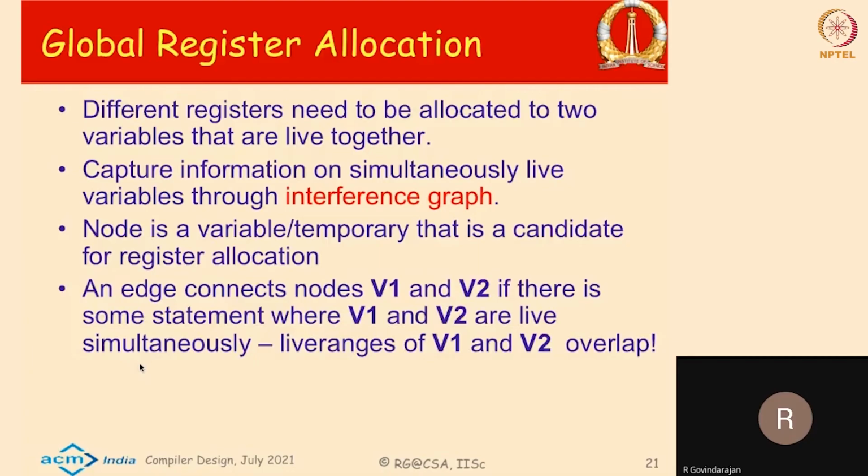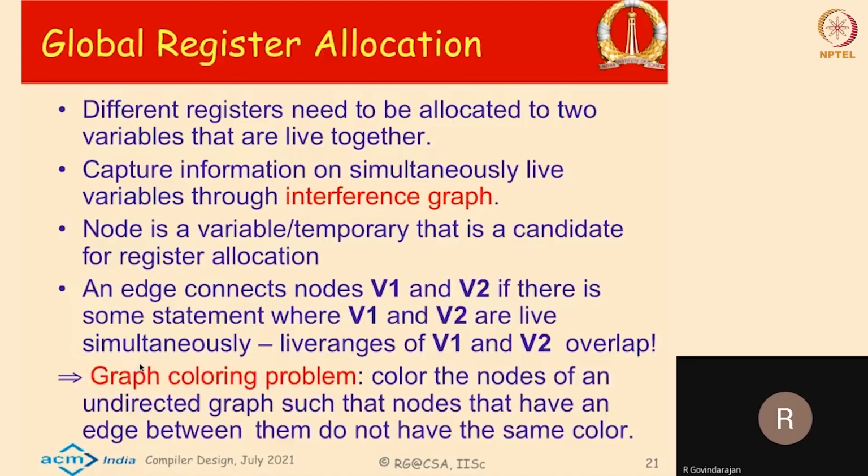Variables meaning program variables as well as temporary variables or temporary registers, whatever you want to call them. And the edges between the nodes represent the fact that they conflict with each other. Okay, the live ranges of V1 and V2 overlap.